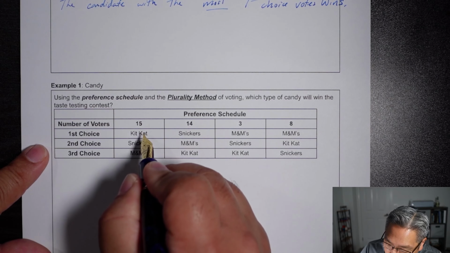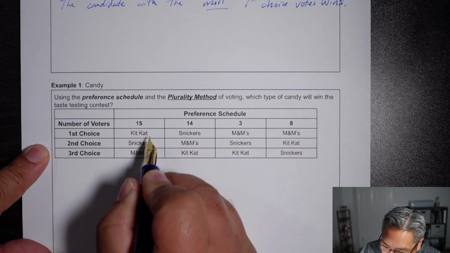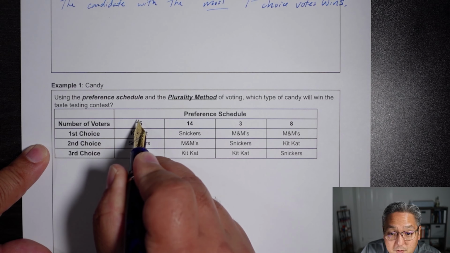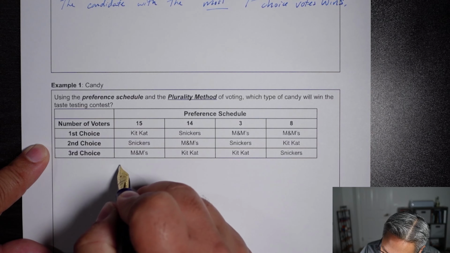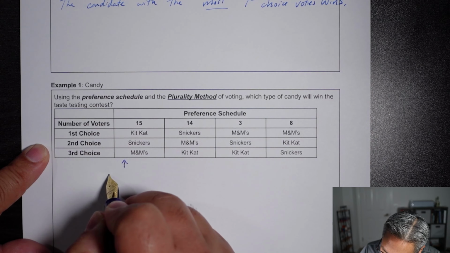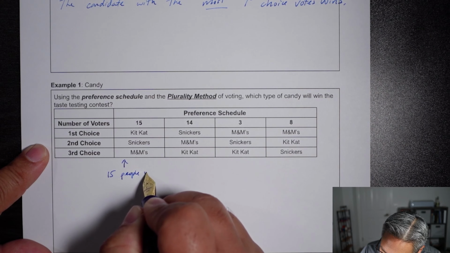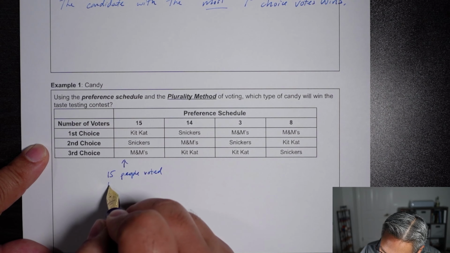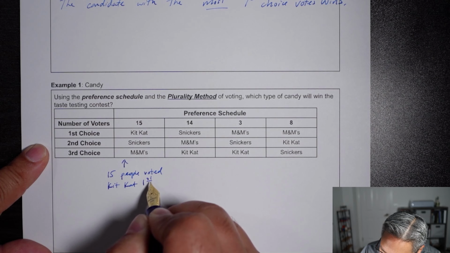So Kit Kats, as an example, right here. If I were to count these Kit Kats, there are 15 people that voted that way. Let me write it underneath here: 15 people voted Kit Kat first.